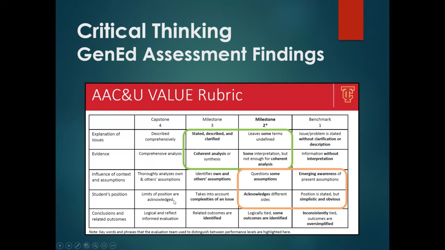And then even further, does it acknowledge its own limits? So student's position is basically the case that the student is making, their thesis, etc. Was that good? Did I explain that well? Okay. Cool. Explanation of issues. Did I get a 2 or a 3 on that one? One. Okay. Thank you. You're too kind.